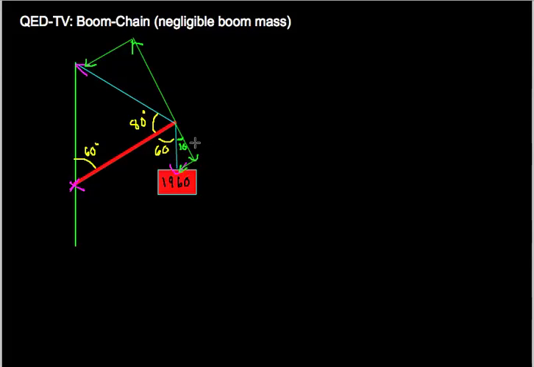This side here is the adjacent side, so it's going to be the hypotenuse, which is 1960, that's the weight, times cosine of 30. 1960 cosine of 30. And if we figure that out, it'll be 1697.4.